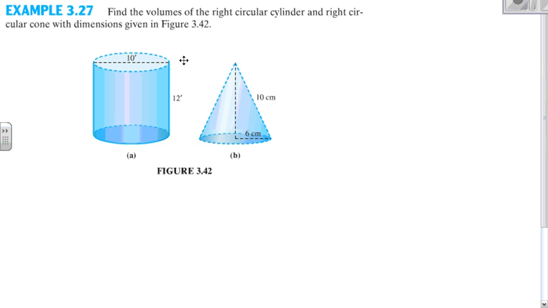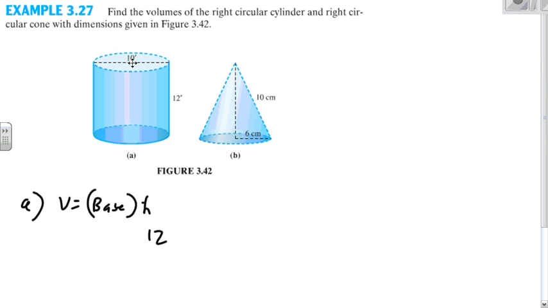For the cylinder, it's area of the base times height. The height is 12. The area of the base would be pi r squared.